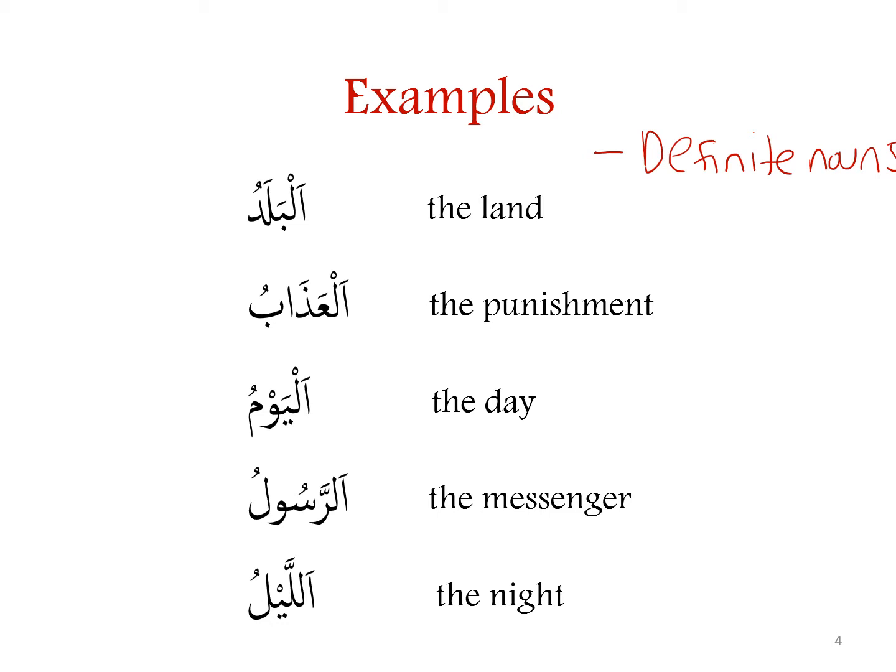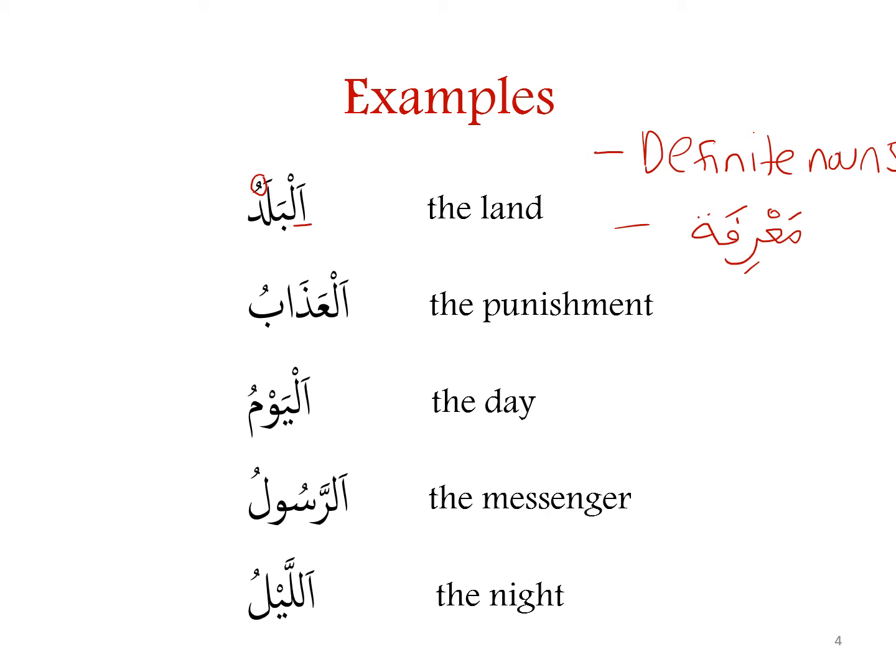How do we know that? Because we have an alif lam at the front and not a tanween, just a singular harakah there. So these words are all ma'rifah, definite nouns.